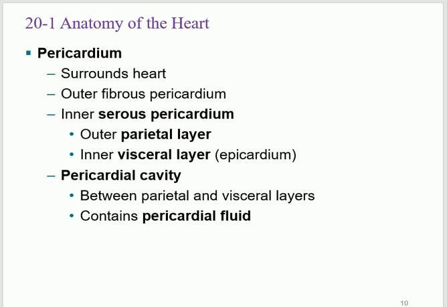Why? Because the inner layer, the visceral layer, is adherent to the heart, and the outer layer is adherent to the outside. If there is nothing in between, they will separate. You cannot allow that to separate. They have to stay together. And in order to keep them together, you put a thin layer of fluid in between, just like if you get two flat pieces of glass and you put some water and put it like this, they will stick, right?